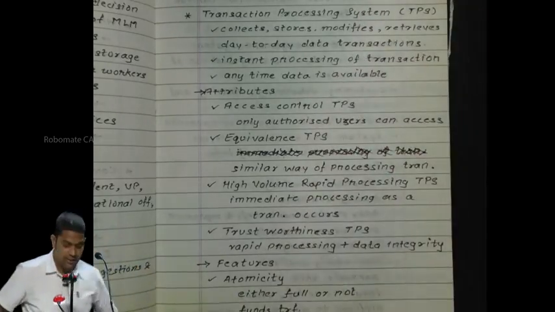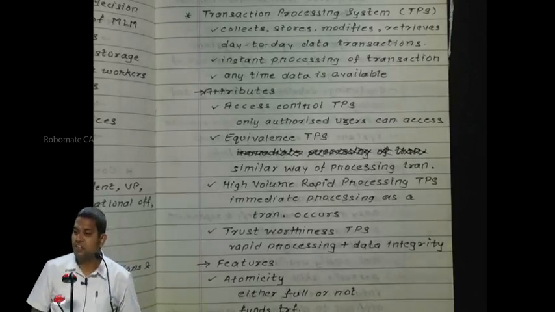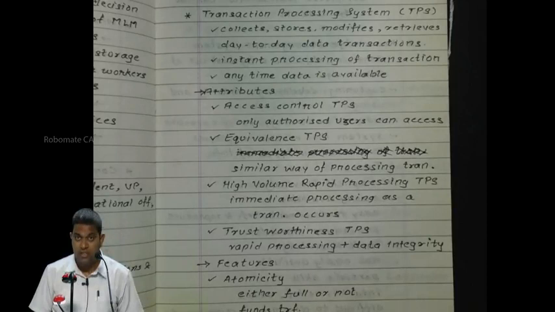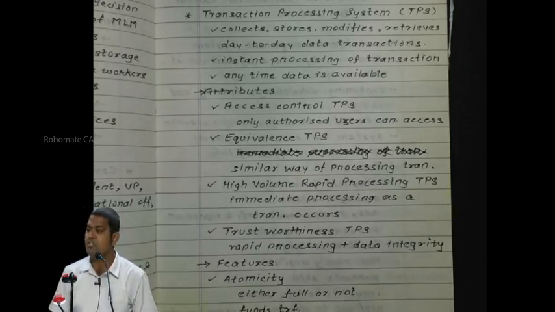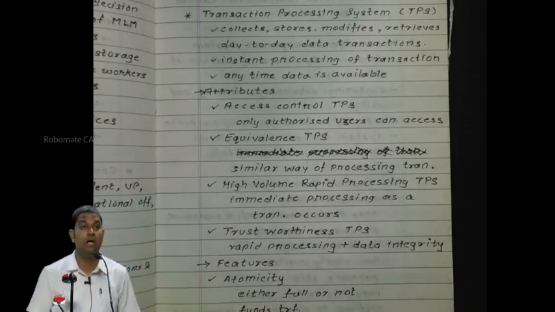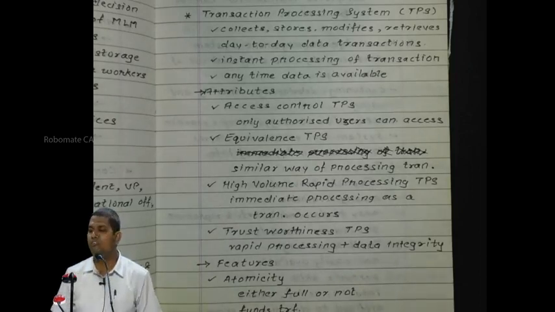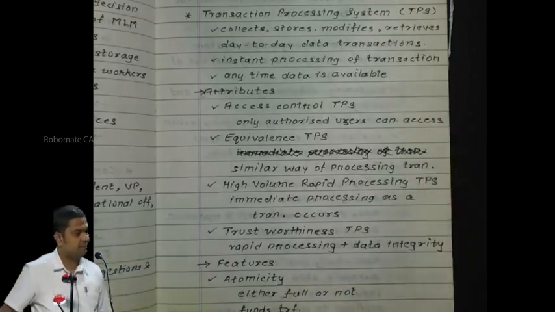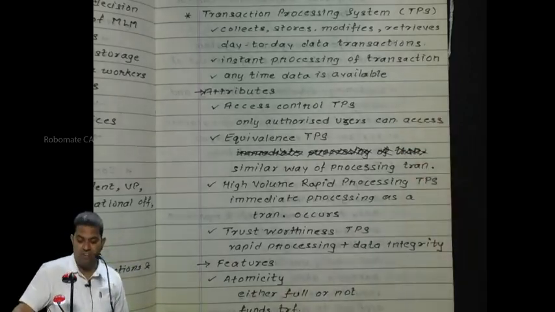So these are nothing but the attributes of a transaction processing system. What? Access control, authorized people, equivalence, similar way, high volume rapid processing, immediate processing, and trustworthiness, rapid processing of a very, very, very large number of transactions.